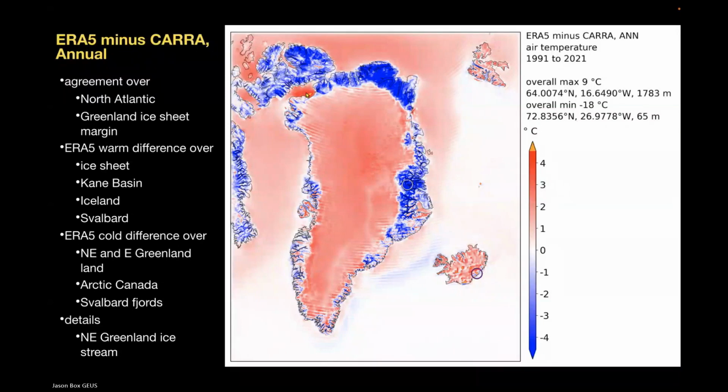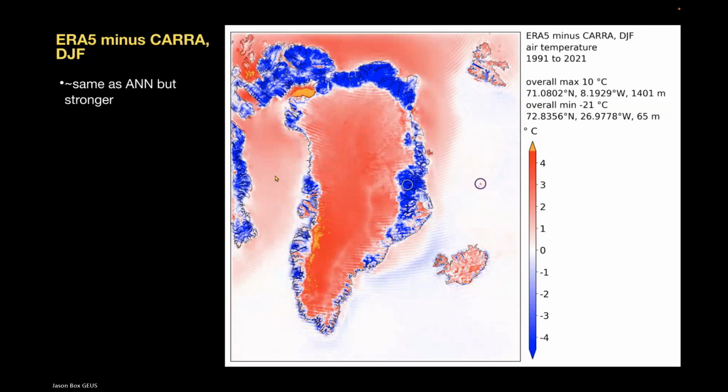So that's an interesting difference. But again, ERA5 warmer over Iceland, Svalbard, and say Baffin Bay. The winter months, it's just a stronger average difference, above 4 Celsius for most of the Greenland ice sheet, and then a cold difference. ERA5 is colder than CARRA over land.